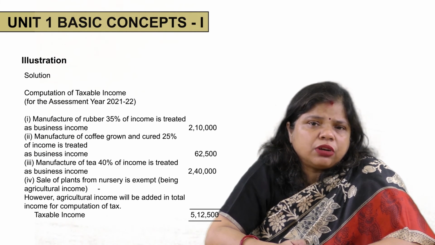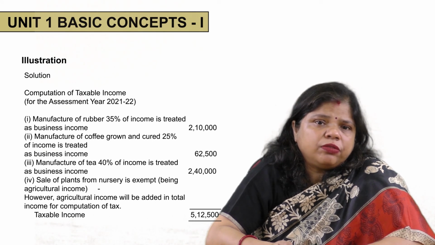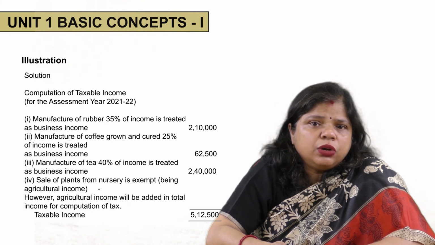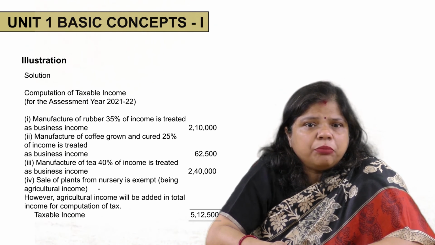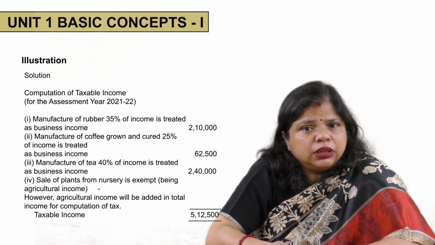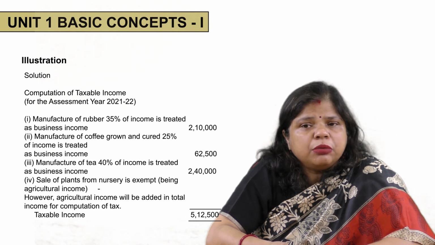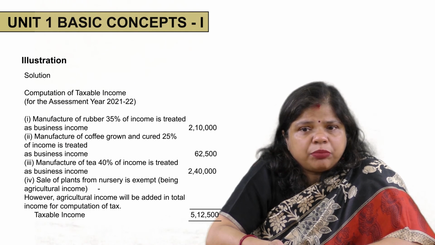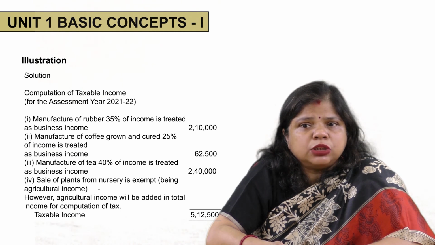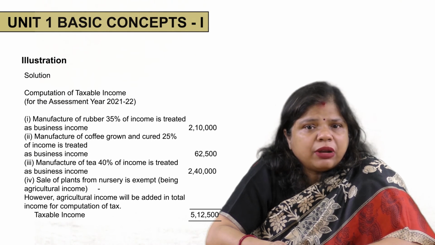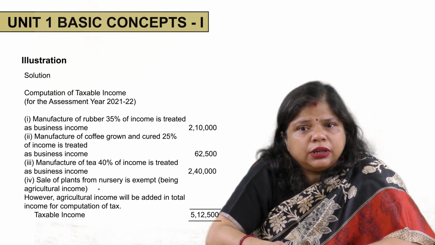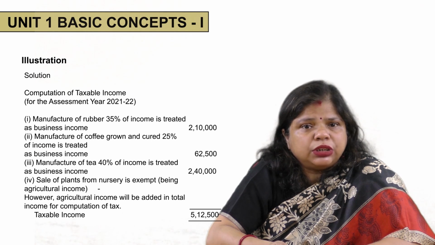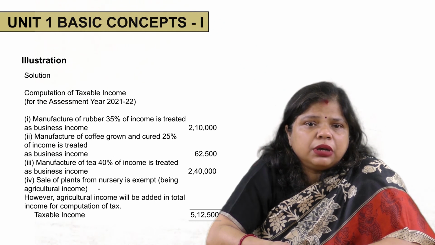So, the computation of taxable income for the assessment year 21-22: manufacture of rubber, 35% of income is treated as business income, because here the income is 6 lakh, and 35% of 6 lakh is 2,10,000. Manufacture of coffee grown and cured, 25% of income is treated as business income.